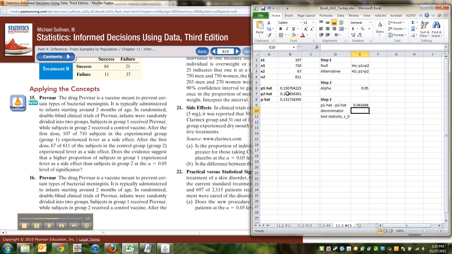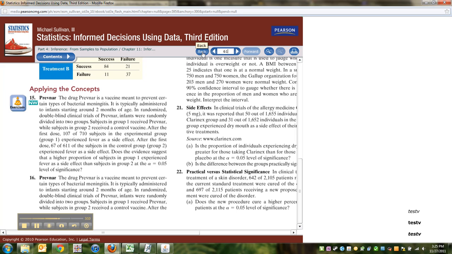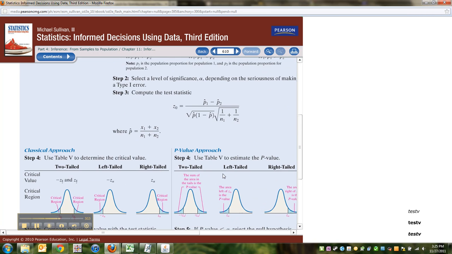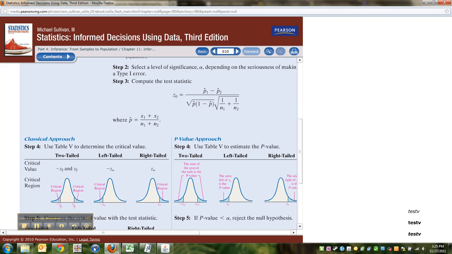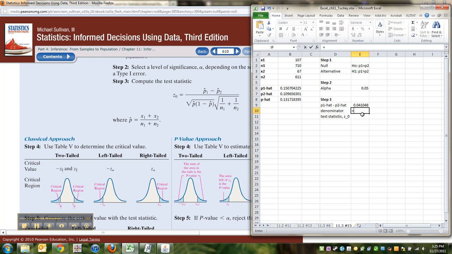And then the denominator, let me just show you that formula again because it's kind of involved. There it is. This is what I've been doing right there. So I'm going to need equals square root of P hat, that's that joint P hat, times parentheses 1 minus P hat, close parentheses, then times another SQRT, parentheses, and then I need 1 divided by N1 plus 1 divided by N2.